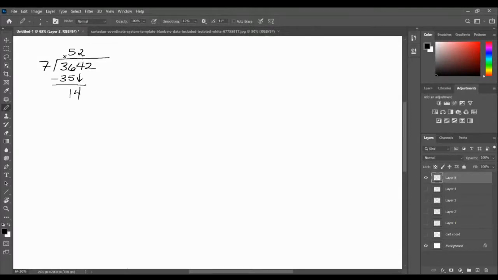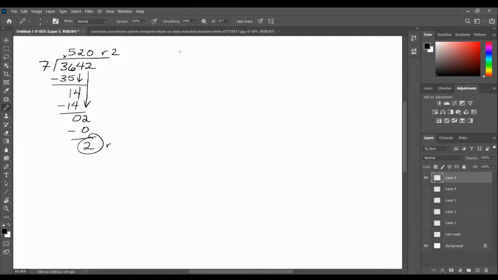It goes twice. 2 times 7 is 14. We would subtract that, get a value, bring down the next number. How many times does 7 go into 2? It doesn't. 0 times 7 is 0. We would subtract that. We would get 2. Because we're at the end of our number, that's our remainder down here. So we might do remainder 2.